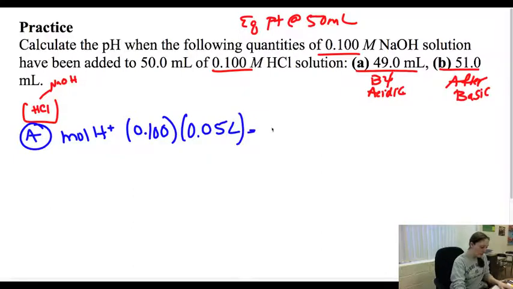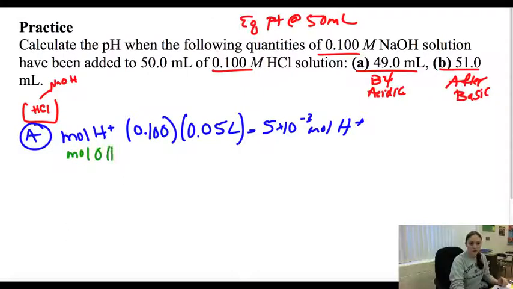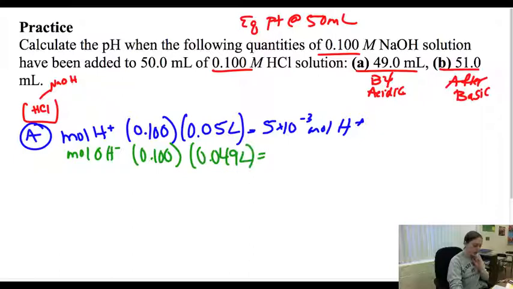And I get 5 times 10 to the negative third moles of H plus. Do the same thing for my OH minus. My molarity is 0.1, and I'm adding 0.049 liters, which is going to give me 4.9 times 10 to the negative third moles of OH minus.